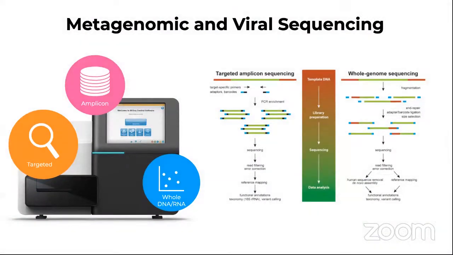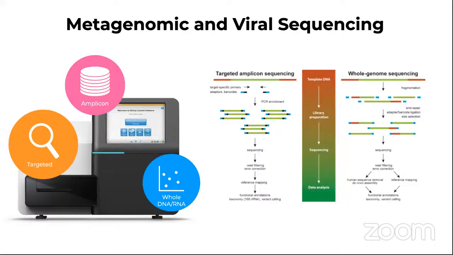Okay, so one of the things about sequencing is that sequencing technology can identify what are the specific nucleotides, but the way the data is prepared could be in many different ways. And some good examples are targeted amplicon sequencing or whole genome sequencing.